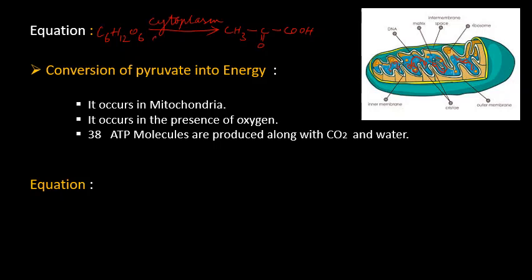This process is called glycolysis. Right? Now, in this process, 1 molecule of glucose is converted into 2 molecules of pyruvate. It means 6 carbon atom molecule, that is glucose, is converted into 3 carbon atom molecule of pyruvate. Right? Now let's see what happens to this pyruvate.